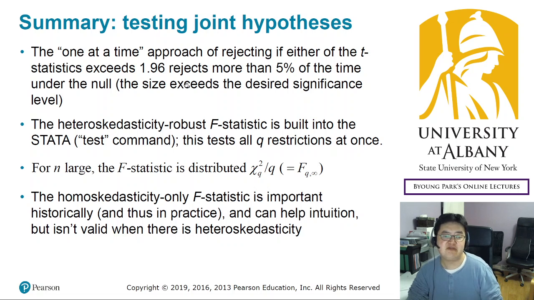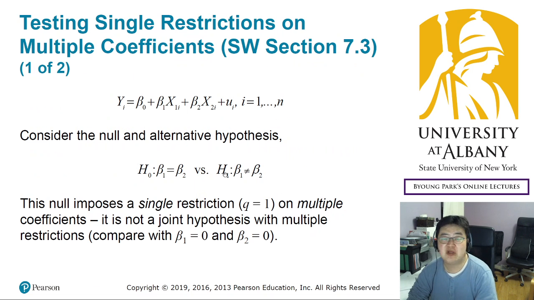So we developed the F statistic. Stata has a separate command to implement the F statistic, and you can also understand the F statistic using the restricted model and the unrestricted model. These are some of what we learned earlier.